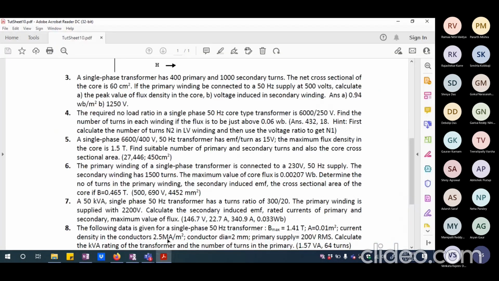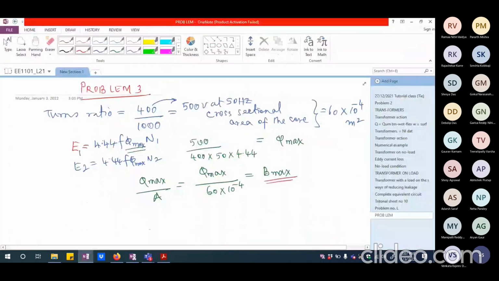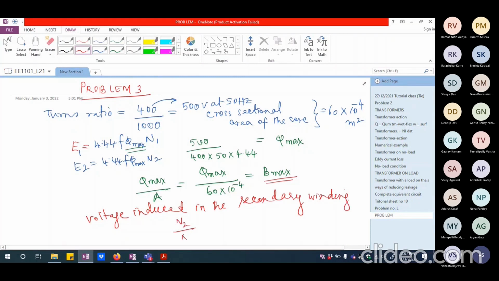Now what is the secondary voltage? I think that is the next question. Voltage induced in the secondary winding. So we have N2 by N1 equal to E2 divided by E1. So I should be able to calculate E2 as N2 divided by N1 multiplied by E1.